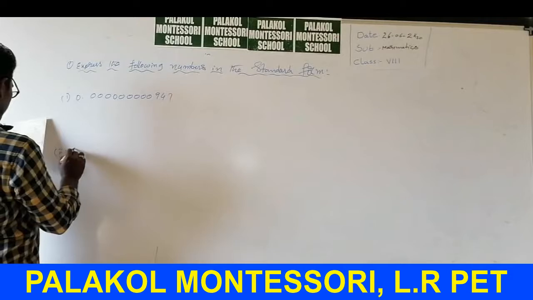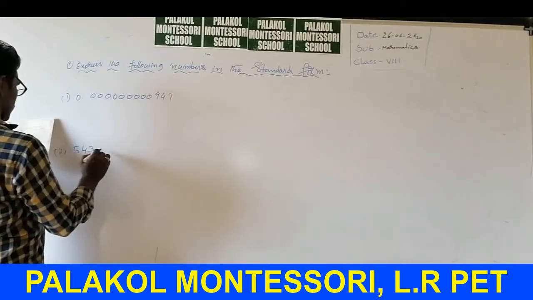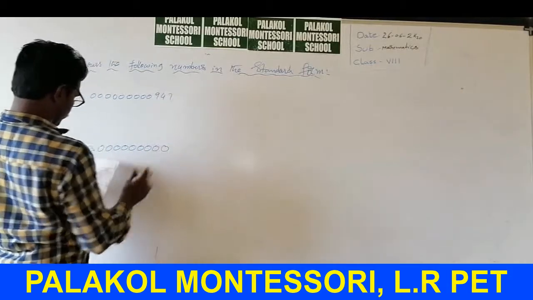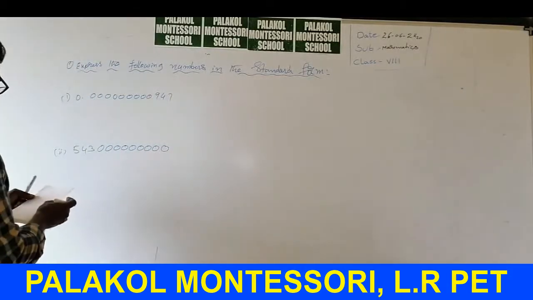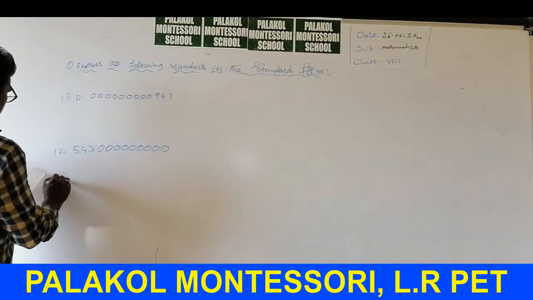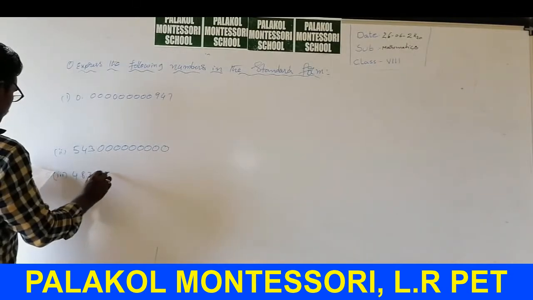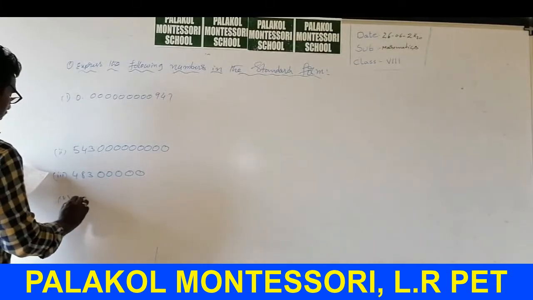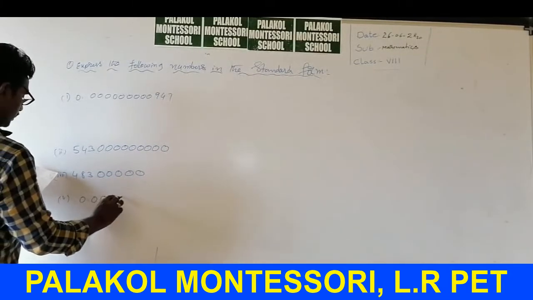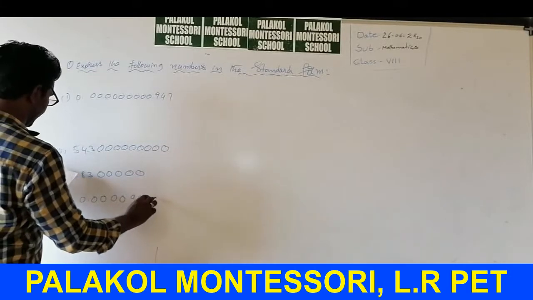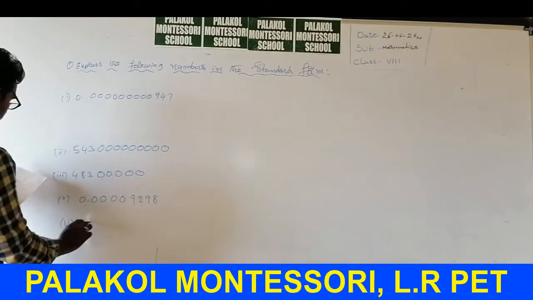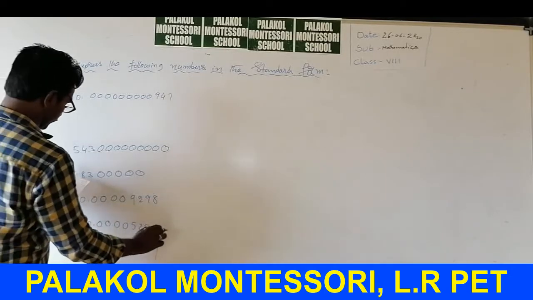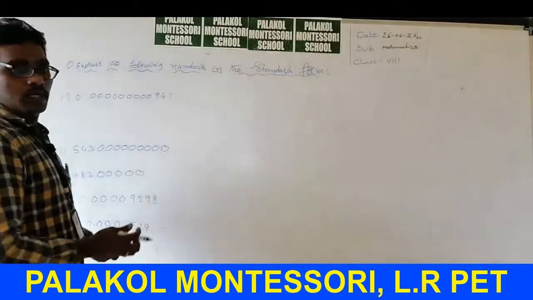The second one is 543123456789. Third question is 48300000. Fourth one is 0.0000928. Fifth one is 0.0000529.